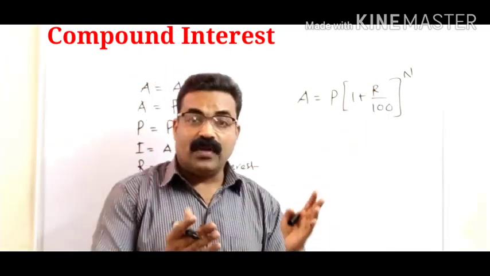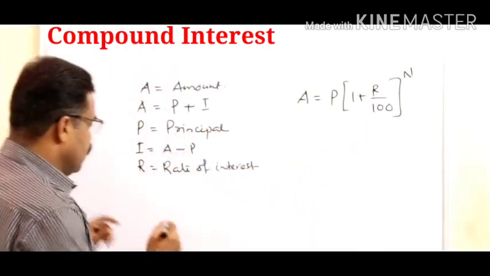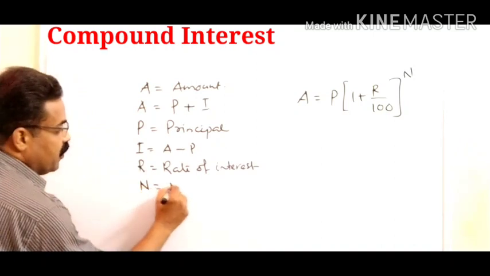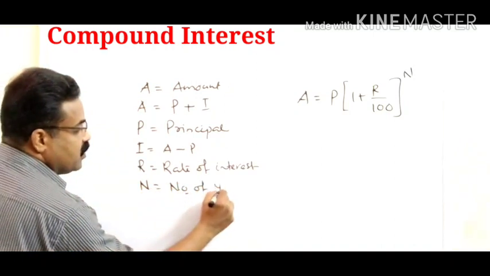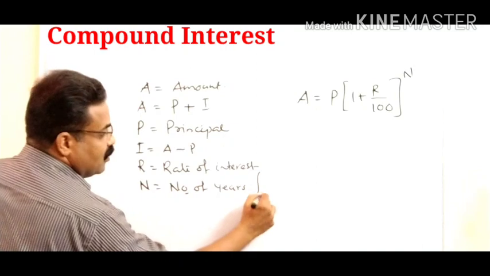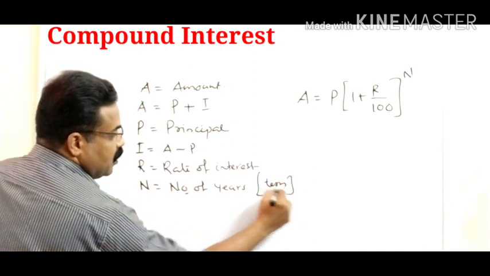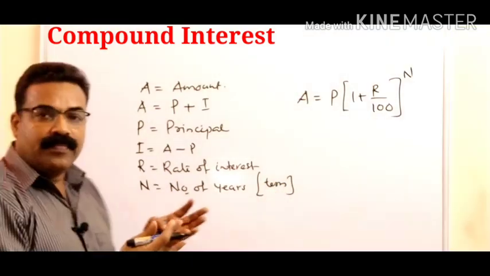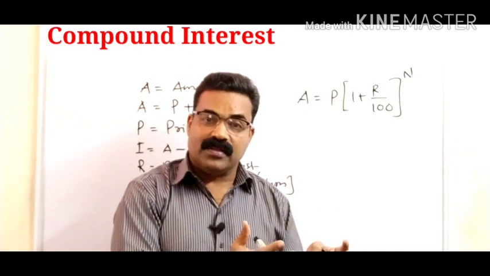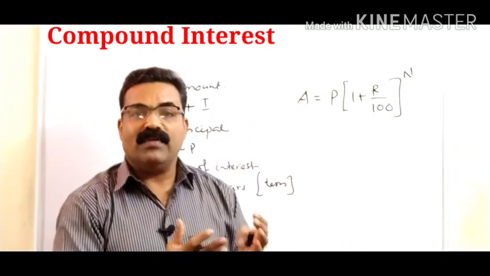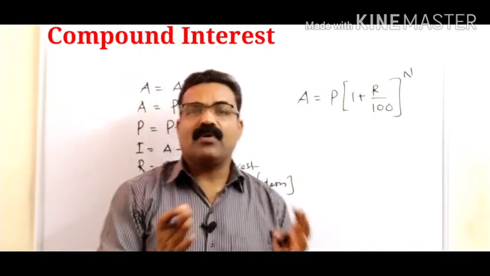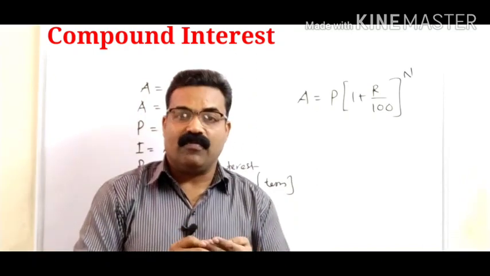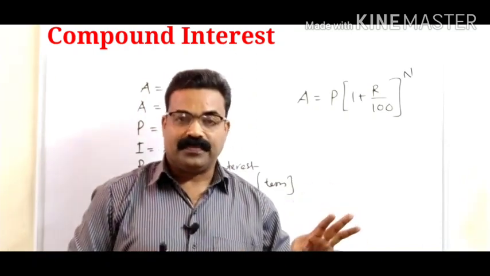And N stands for the term, the number of years. For what term, for how many years, how many half years, how many quarters you have invested that amount. You can say it is the time period for which you have made the investment.